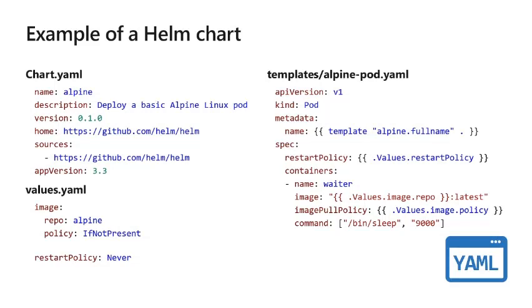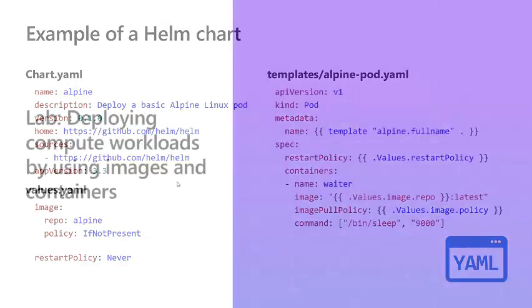The Alpine pod YAML file defines the actual deployment of the pod, which will deploy the Alpine latest image from Docker Hub. So you have three YAML files which are used for different functions.